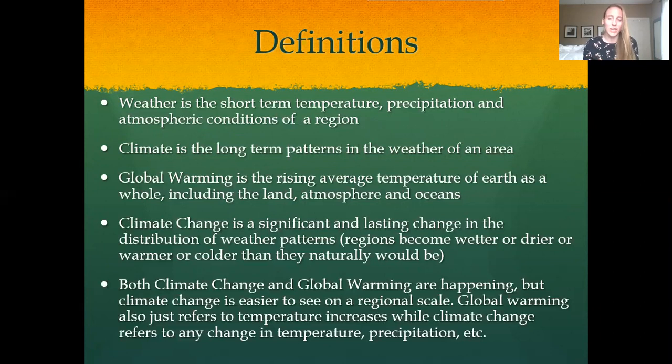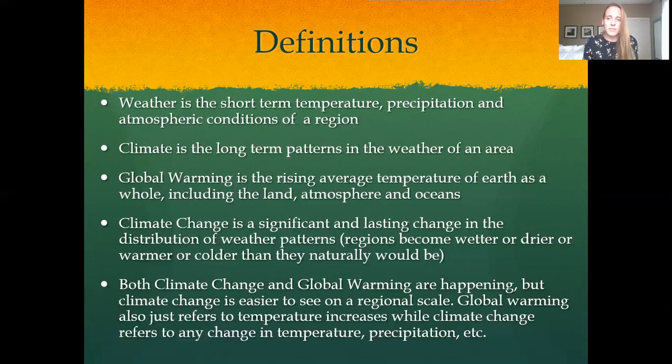Both climate change and global warming are still currently happening, but climate change is the one that's easier to see on a regional scale. So for example, if you have had, like the past decade, insanely cold, wet, snowy winters, you might say, well, I don't believe in global warming because my little area of the world isn't warming.